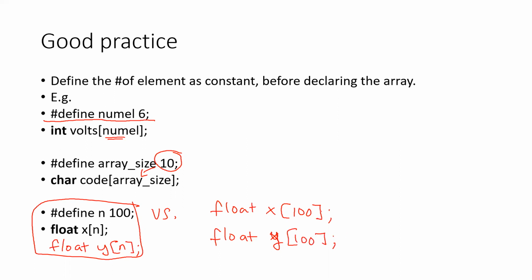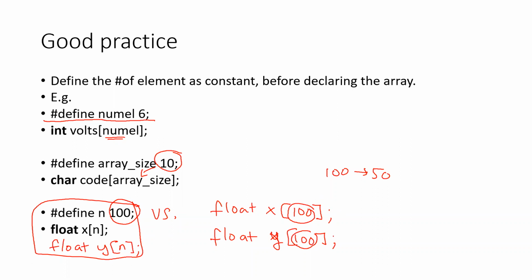Kalau saya nak tukar, let's say my size is changing from 100 to 50. So, saya dah bertukar daripada 100 ke 50. I have to change both. Saya kena tukar kedua-dua kat sini, dan kemungkinan dekat mana-mana lagi yang ada dalam statement kat bawah. So saya kena tukar benda tu. Okay. Tetapi kalau saya buat using define, I can only change in the definition. So yang lain tu automatically akan bertukar. Macam Kamen Rider pula bertukar.